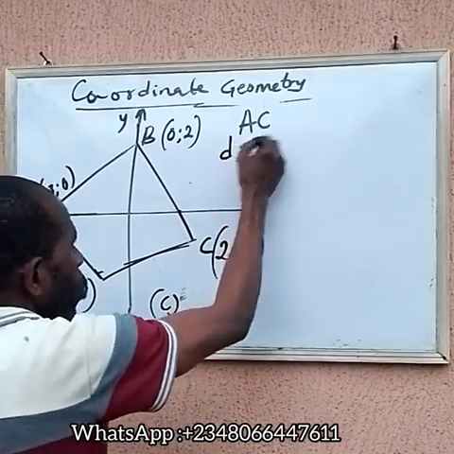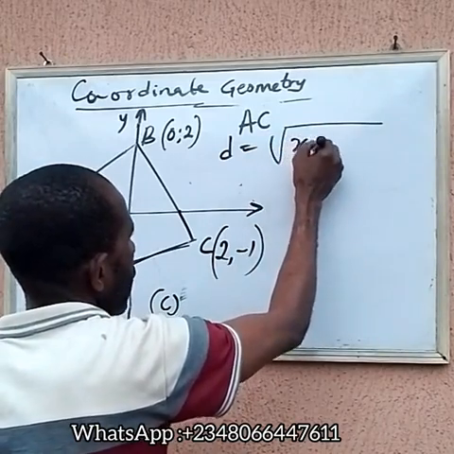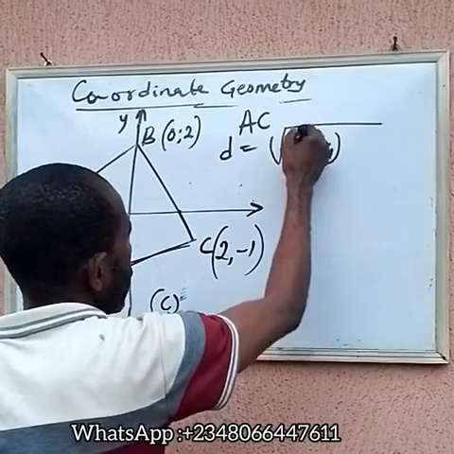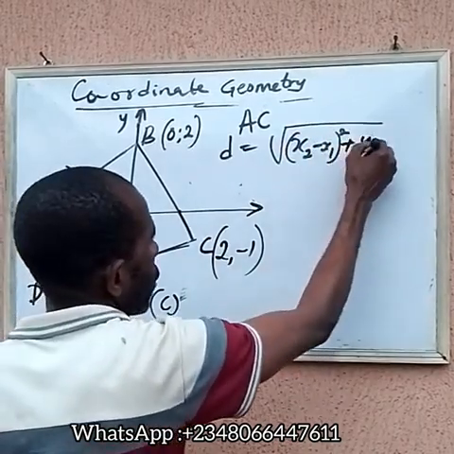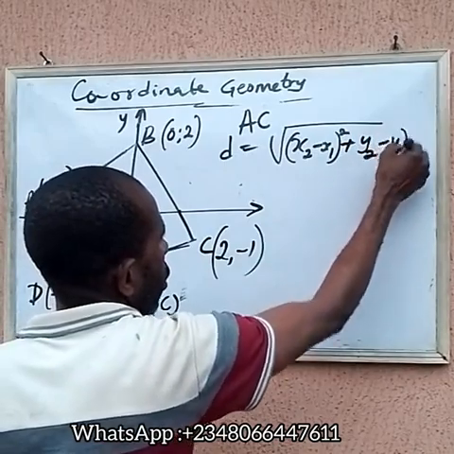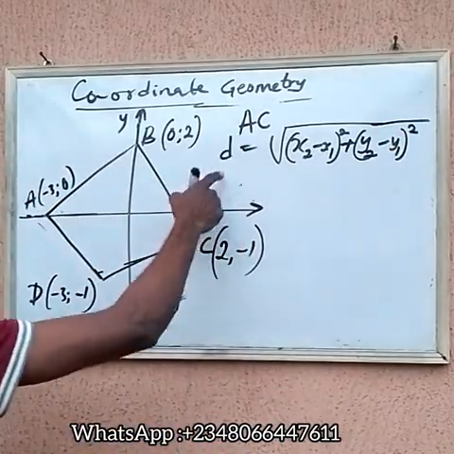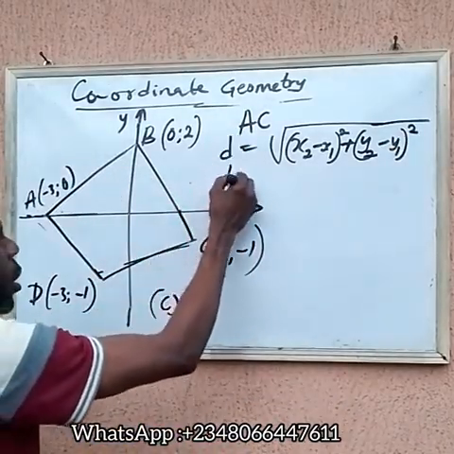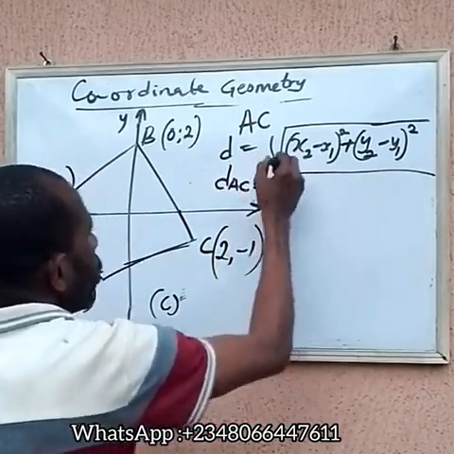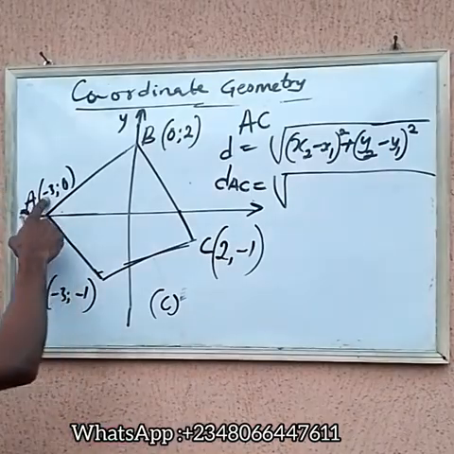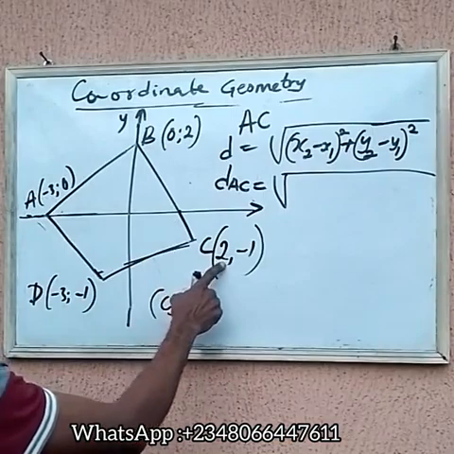Length AC will give us what? The distance is equal to the root of x2 minus x1, the distance between 2 points along the plane, plus y2 minus y1 all squared. So DAC becomes the square root of, between this point and this point, your x2 here is 2.